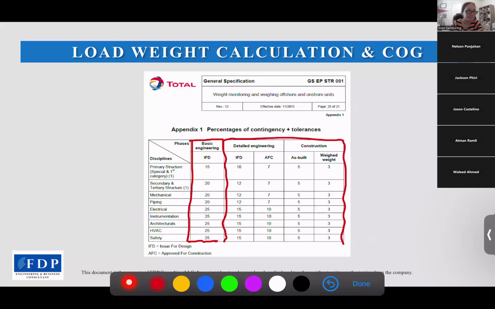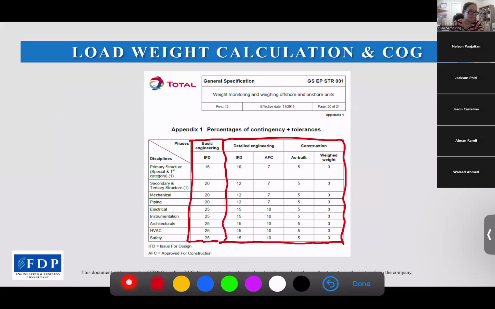That's to compensate the weight allowance, because during basic engineering there will be a lot of modification that can be done up until the construction ends. So to compensate for the modification, if we refer to the basic engineering design, then we need to apply these factors. That's a big factor: 15%, 20%, 25%.